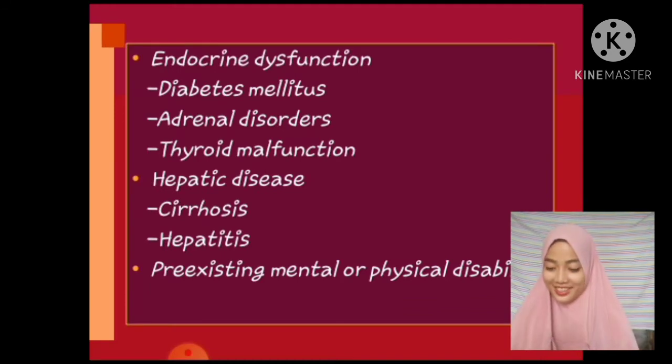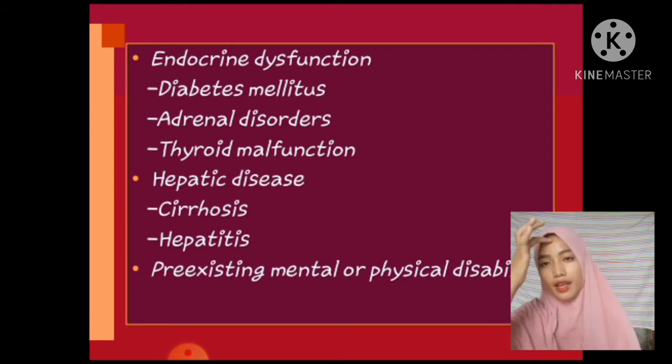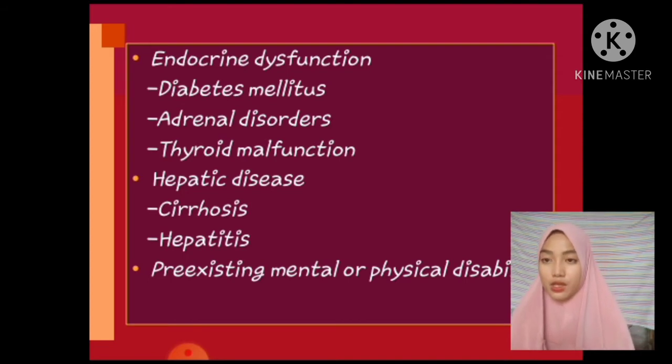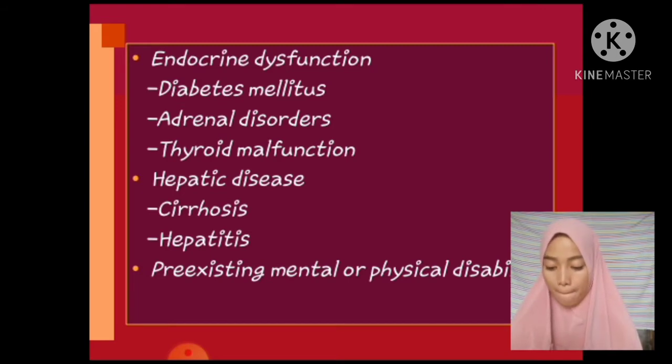So next is endocrine dysfunction. It is a secret hormone. Endocrine dysfunction, it is a disease that results when a gland produces too much or too little of an endocrine hormone. So, magkakaroon siya ng diabetes mellitus.